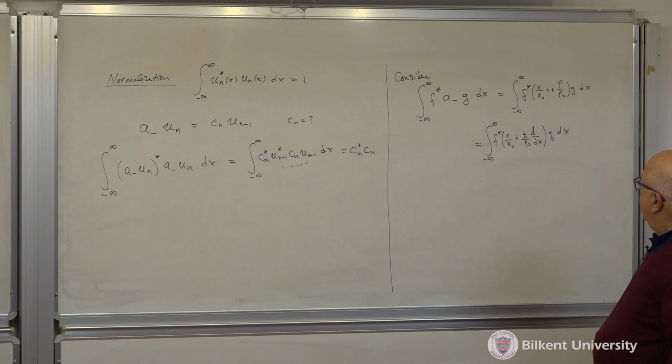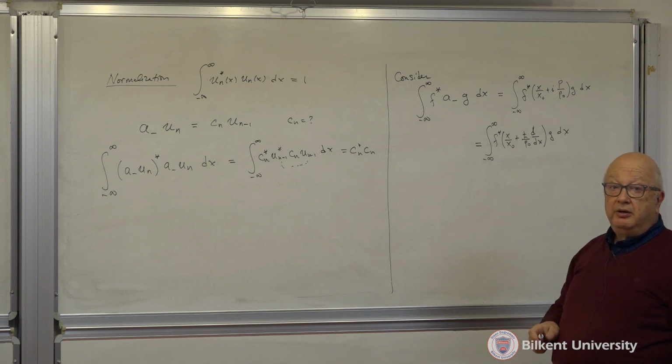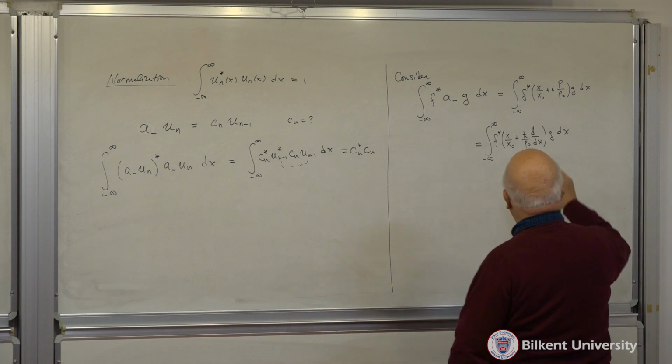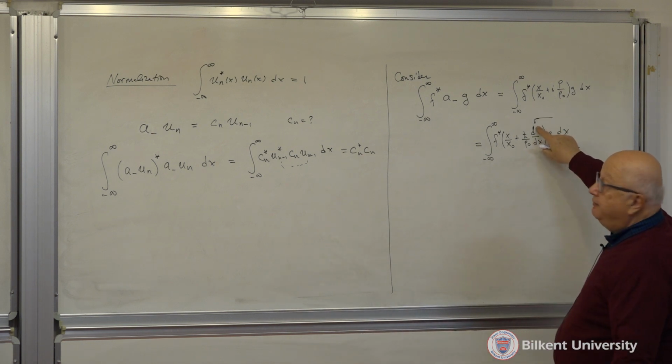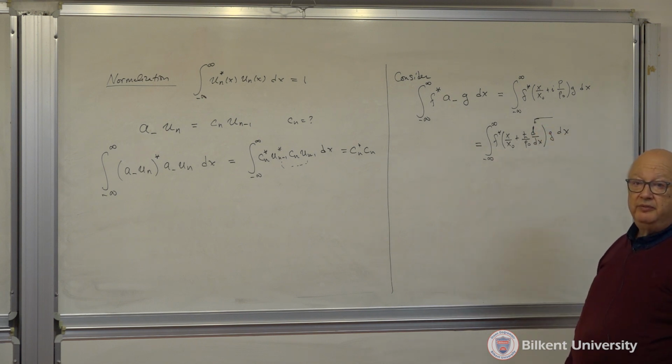Now, what I'm going to do is use this trick and apply an integration by parts on this derivative object. So what happens? The derivative is going to move onto f star.